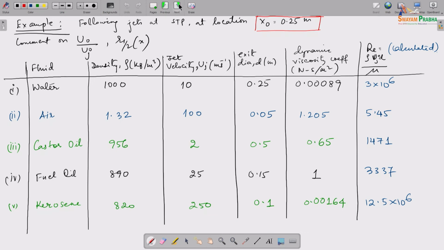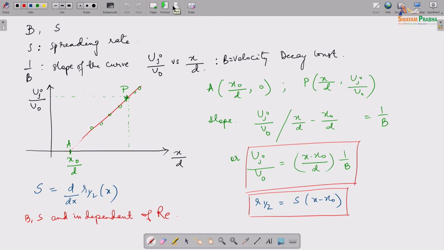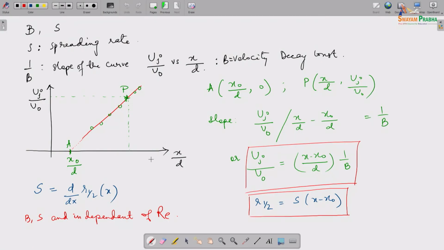So for the 5 jets that you have, if you plot uj by u naught on the y-axis with respect to x by d on the x-axis, then all of them will fall on the same straight line, such that the slope is given by the velocity decay constant b, and s is the spreading rate.